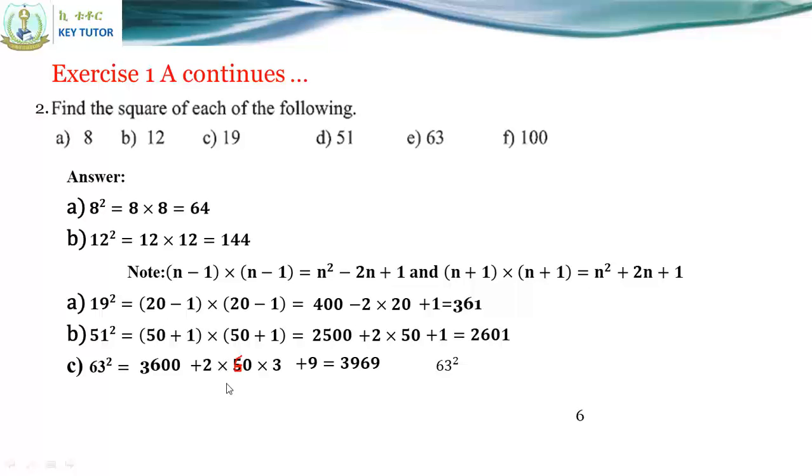Now the other way to work on 63 square is, you take 6 square, the 10th digit square, as in the previous, twice the 10th digit times the units digit, again the units digit square.